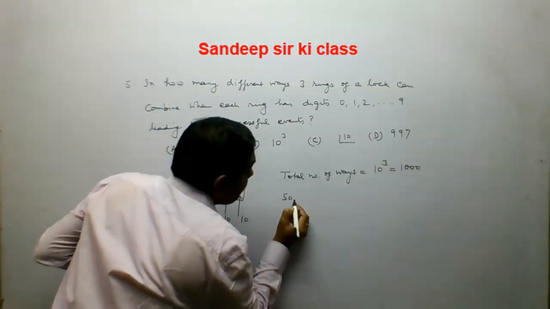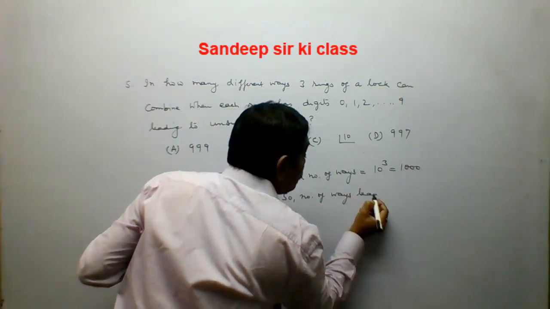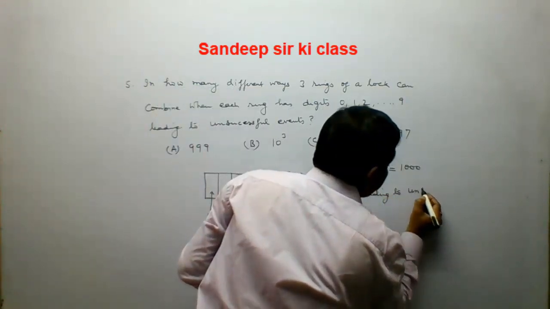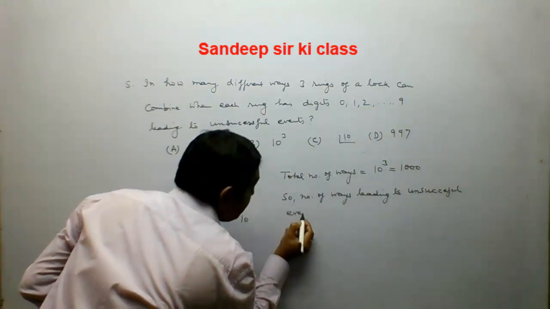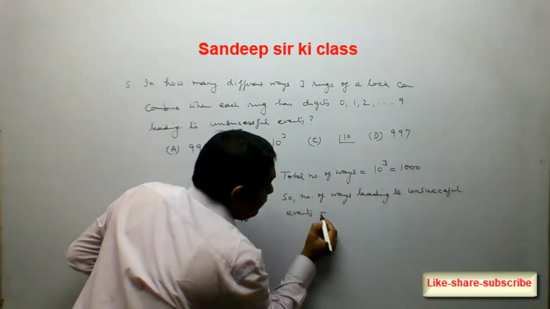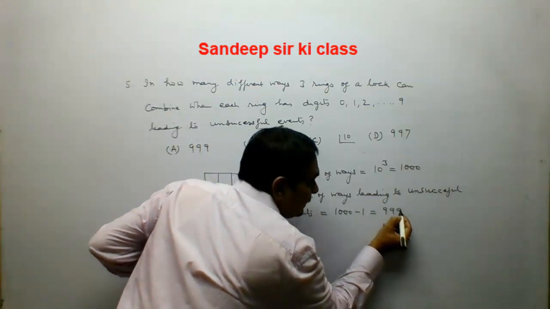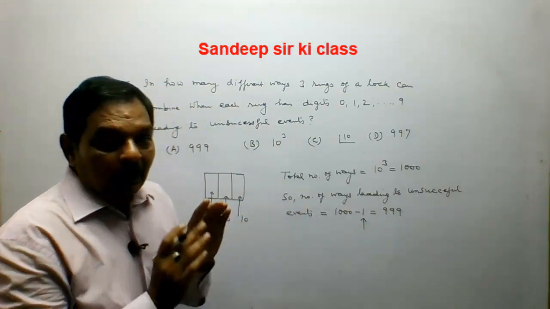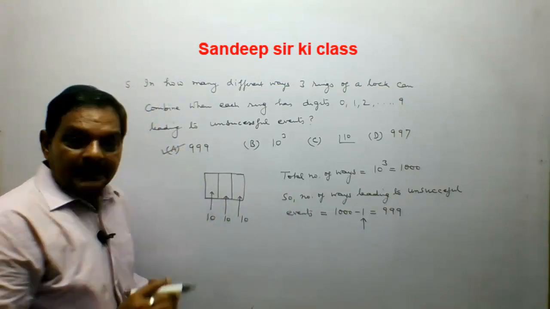So the number of ways leading to unsuccessful events, that is by which the lock will not be opened, will be equal to 1000 minus 1, that is 999. This one is the combination by which the lock will be open. So here we find that option A is correct, 999.